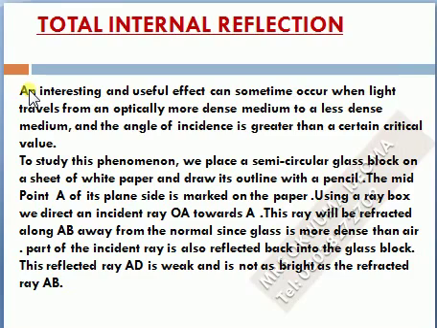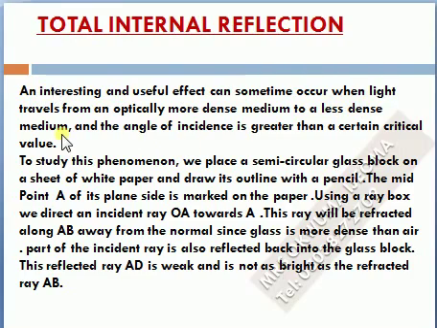Remember in our previous class, we said that when a ray of light moves from air to glass, that is less dense to more dense medium, the refracted ray will move towards the normal, whereby the angle of incidence will be greater than the angle of refraction.